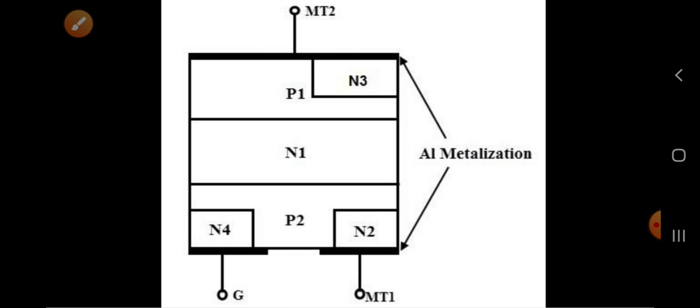Here we have the layers P1, N1, P2, and below we have N4 and N2, and at the top the N3 layer is there. The gate connection is given to the N4 N-type layer, MT1 is at the N2 layer, and MT2 is at the P1 layer. So this is also a physical structure.